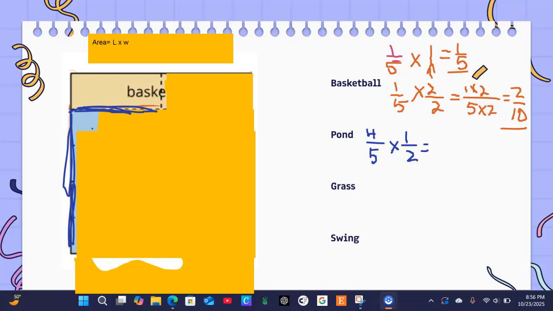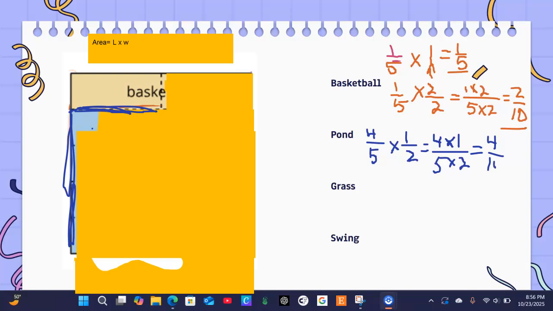Again, we could write it as 4 times 1 over 5 times 2, and that will equal 4 over 10.